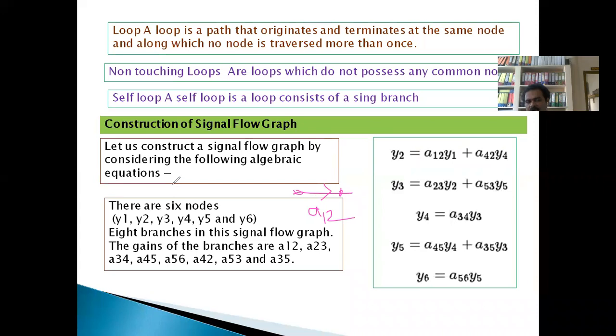In a block diagram, the same thing is represented with A12 as a transfer function between input signal and output. Whereas signal flow representation is simply an input variable and an output variable, and in between this input node and output node you have the branch gain A12.